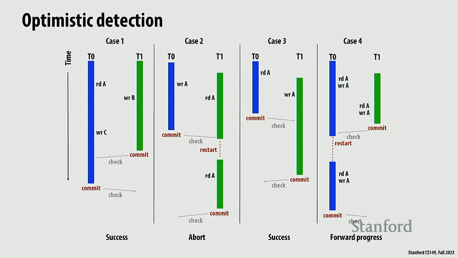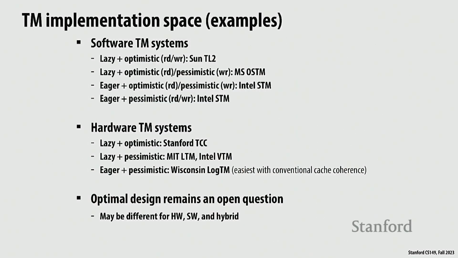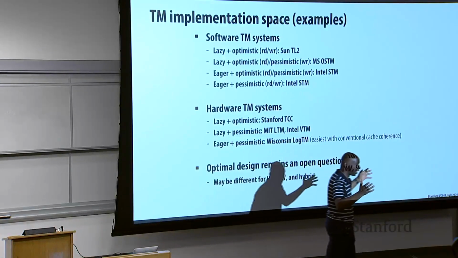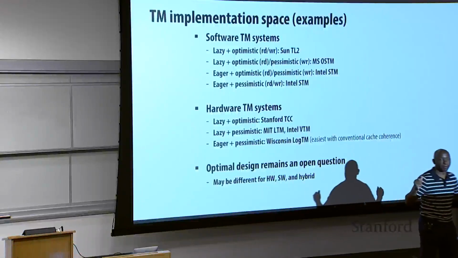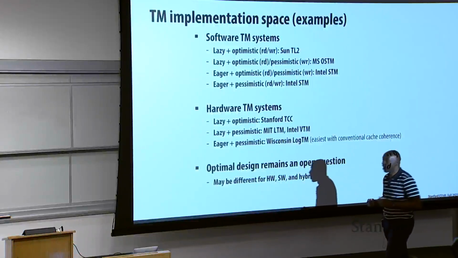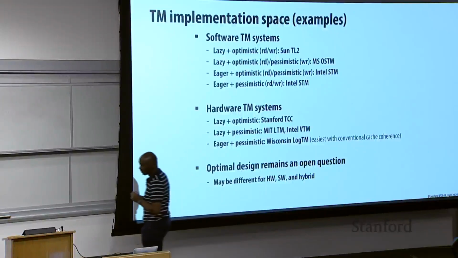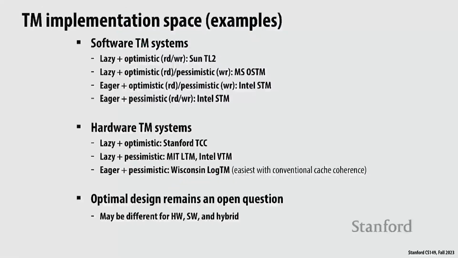All right, so let's discuss an explicit implementation or a couple of explicit implementations. As you can imagine, given that you've got a space of policies that you can implement, there's a wide range of different implementations that pick different points in the design space of the policies that you select, right?